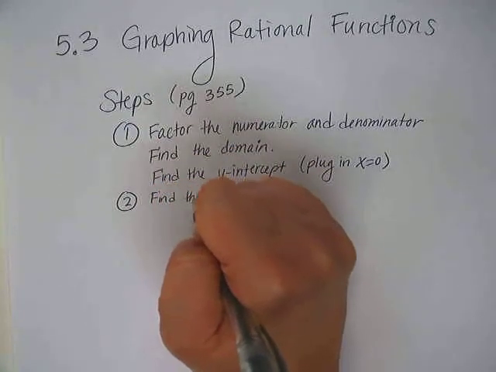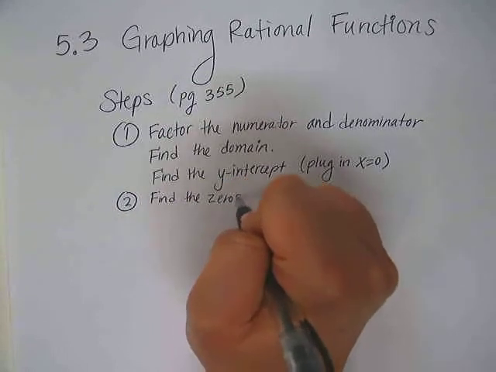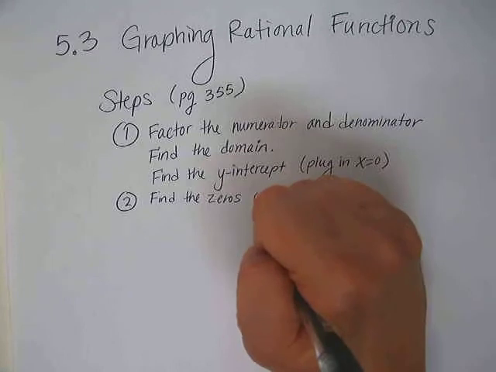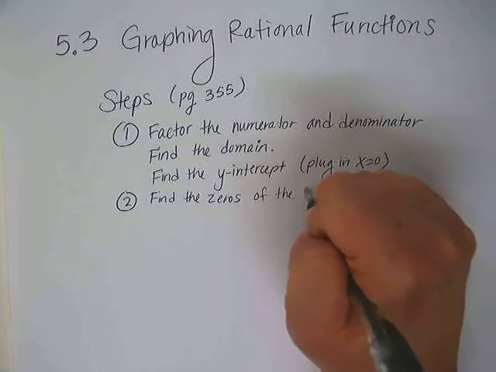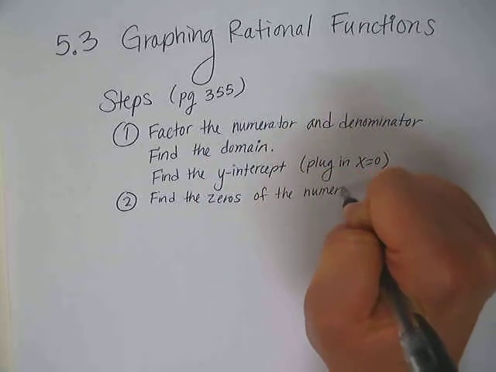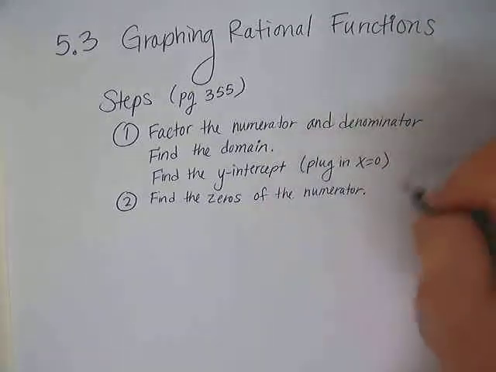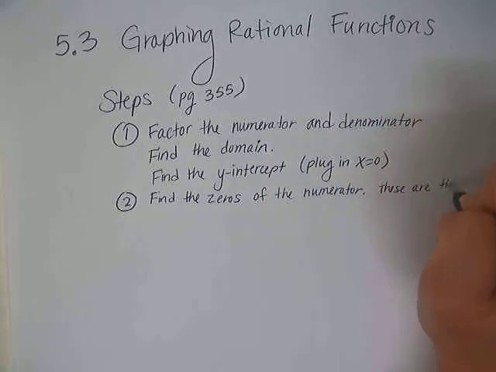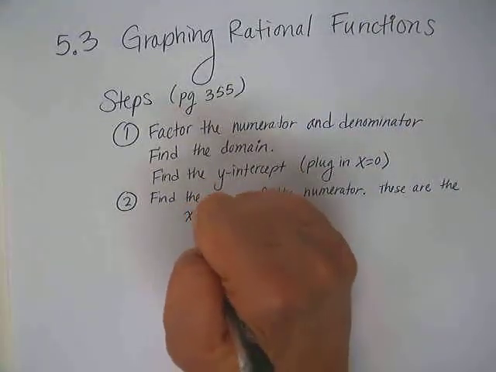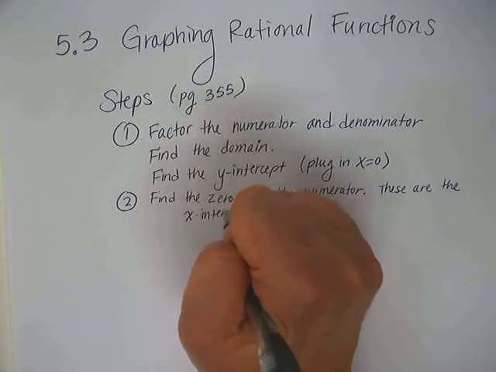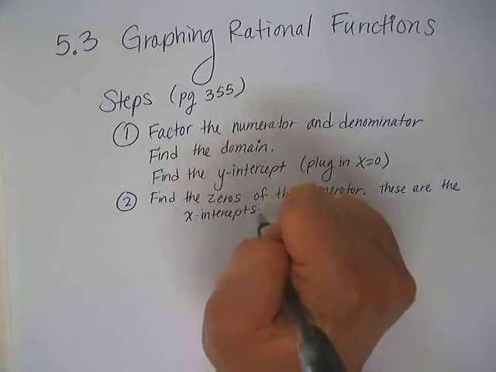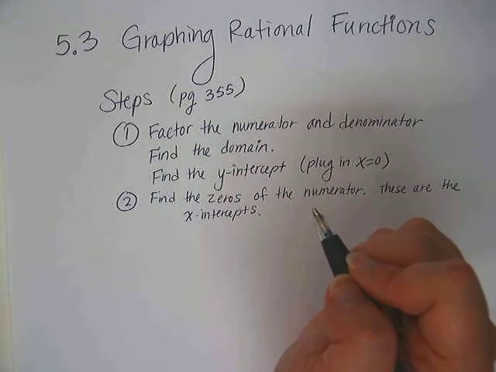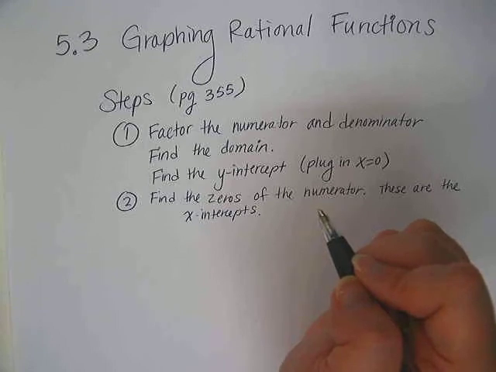So the next step is find the zeros. Don't worry, we will do a couple of examples using these steps. Find the zeros of the numerator. These are the x-intercepts. Okay.